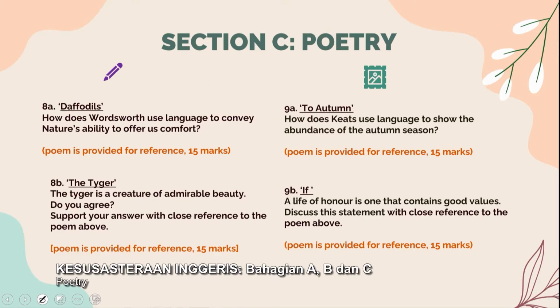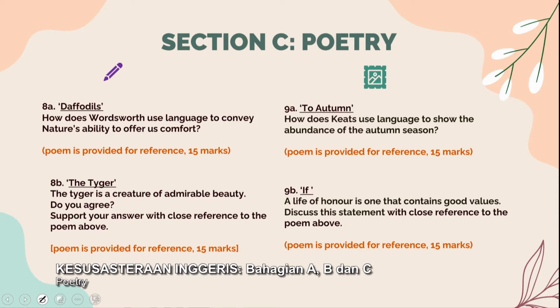Do you know your use of language? Do you know how devices have been used? Take a look at the A questions there. Based on Daffodils, how does Wordsworth use language to convey nature's ability to offer us comfort? And then on To Autumn, how does John Keats use language to show the abundance of the autumn season?